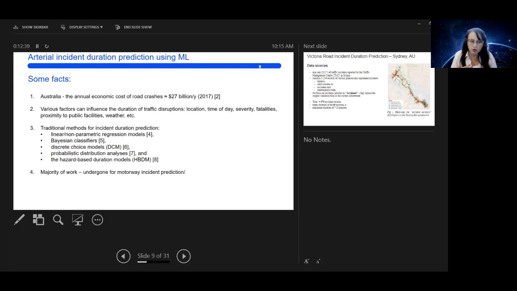So there are some traditional methods that have been used prior to our studies, some Bayesian classifiers, some discrete choice modeling. These are all, how should I say, presented in the literature. However, the majority of the work has been done for motorways.